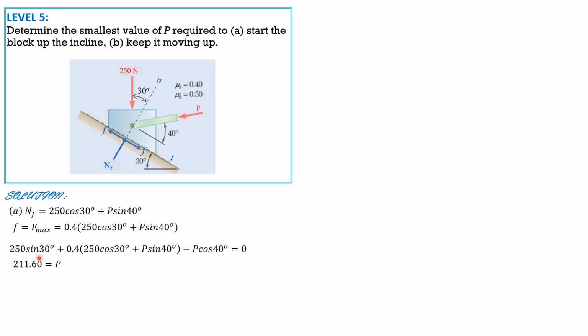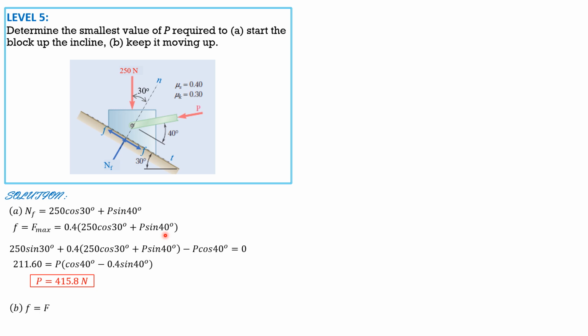Simplifying, combining 250 sine 30 and 0.4 of 250 cosine 30, that's 211.6. Then transposing P cosine 40 and 0.4 P sine 40 to the right, factoring out P, we have cosine 40 minus 0.4 sine of 40. Solving for P is equal to 415.8 newtons.